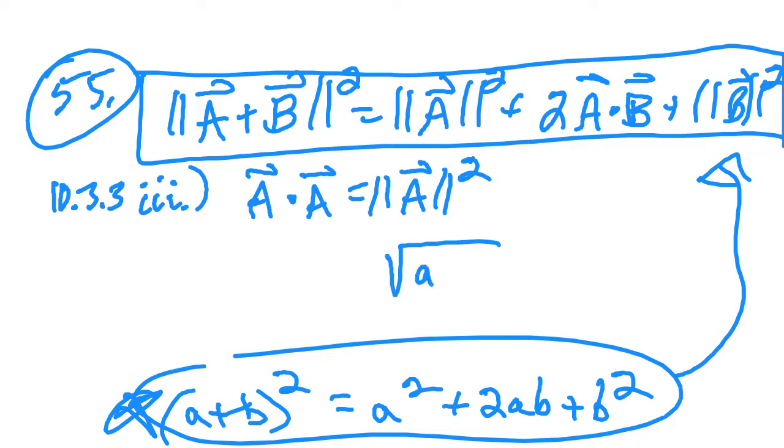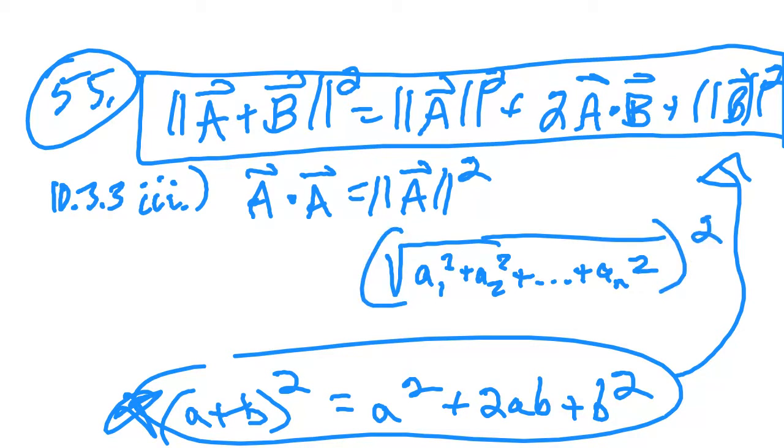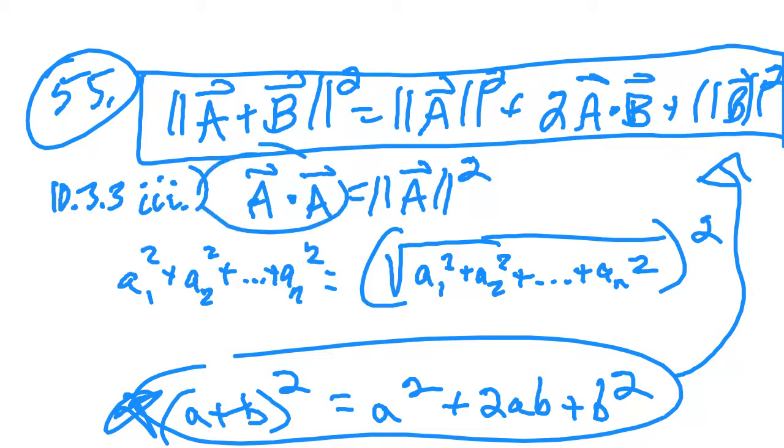Well, it's a sub 1 squared plus a sub 2 squared plus all the way to a sub n squared, square root of all that. But then if you square it, what do you get? You get a1 squared plus a2 squared plus all the way to a sub n squared, which is the same as a vector dot a vector, because you put them on top of each other, multiply, and then add the results, and both sides are the same. So we're going to utilize that to prove our theorem.